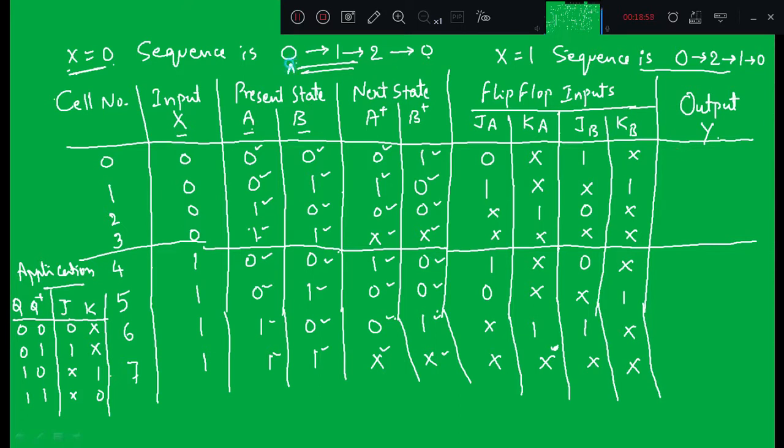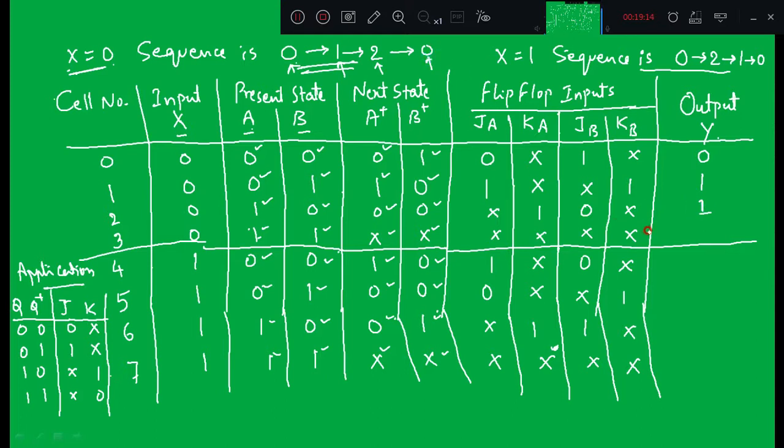So the first state is 0, it is not non-zero, so put 0. Next state is 1, it is non-zero, you put 1. Next, which is 2, it is also non-zero, put 1.